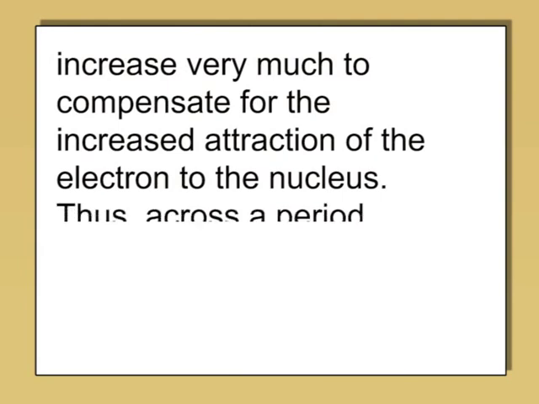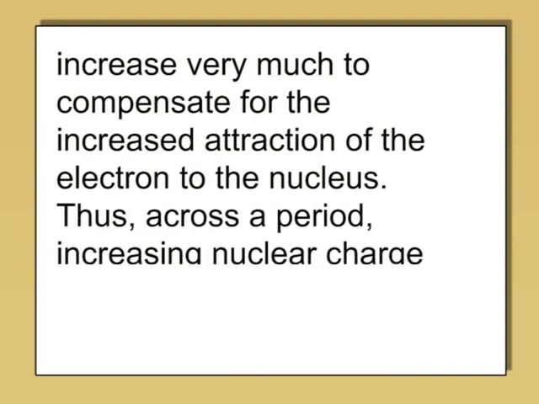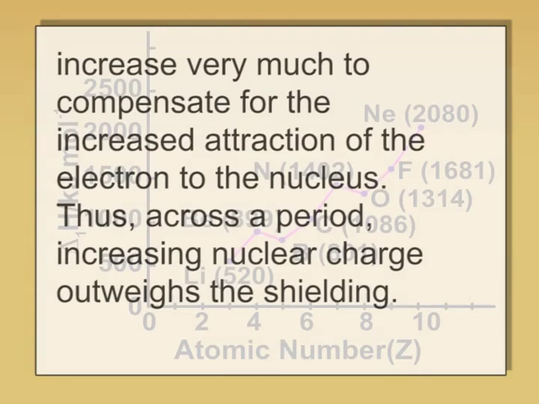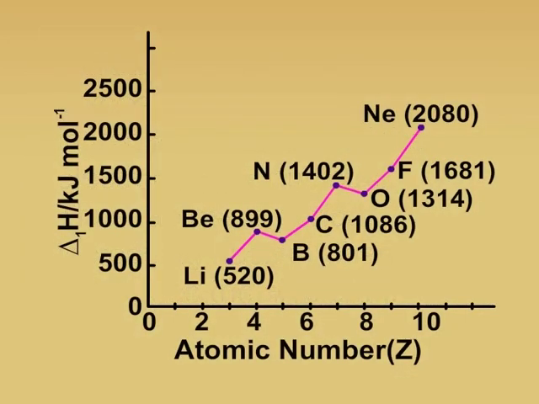Thus, across a period, increasing nuclear charge outweighs the shielding. Consequently, the outermost electrons are held more and more tightly, and the ionization enthalpy increases across a period.